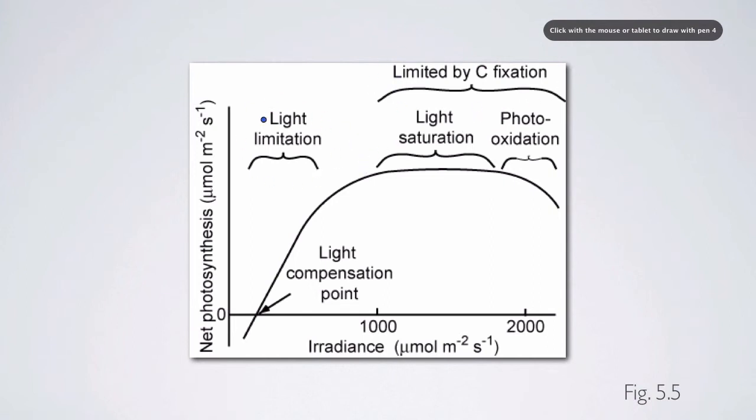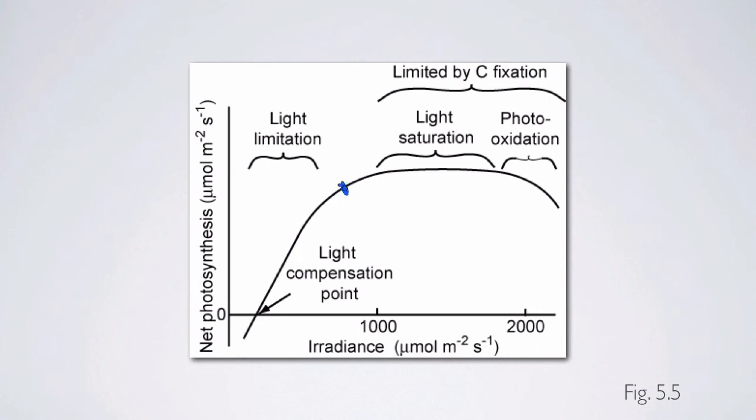If you're light limited, you probably haven't invested enough in light acquisition, and you might have invested too much in carbon fixation. And so plants shoot to be somewhere in the middle, not strictly limited by light nor limited by carbon fixation. And you can reallocate resources away from carbon fixation to light acquisition if you're in the light saturated part too often, and vice versa.